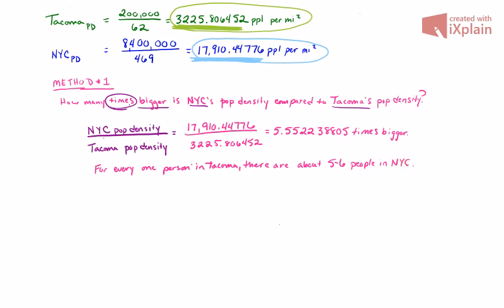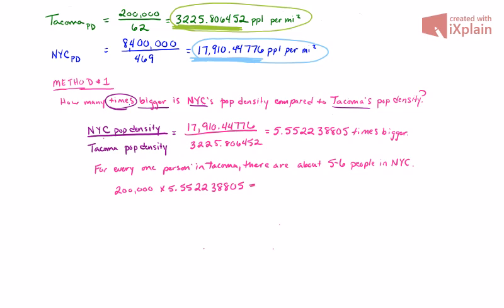So what I'm saying here is we want to take our Tacoma population and multiply it by that rate that we found, the fact that New York contains 5.552238805 times more people within their density.